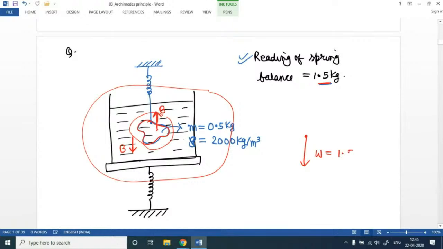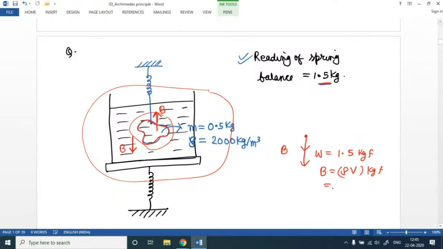And the force acting would be equal to the magnitude of buoyancy. So B will be equal to the density of the liquid times the volume of displaced liquid, which must be in kgf.